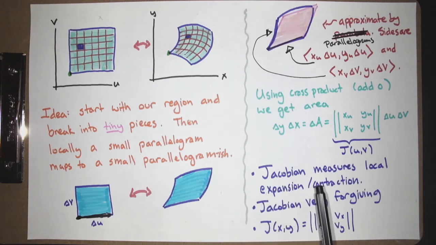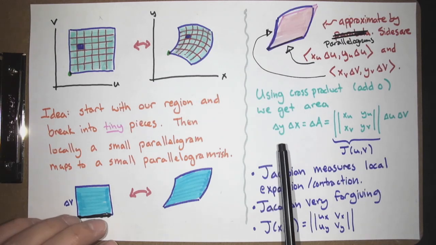So what is it doing? It's saying how much, as you move from one coordinate system to another, how much expansion or contraction are you experiencing? So it lets you get a sense of scale. And if you look here, what do we have?